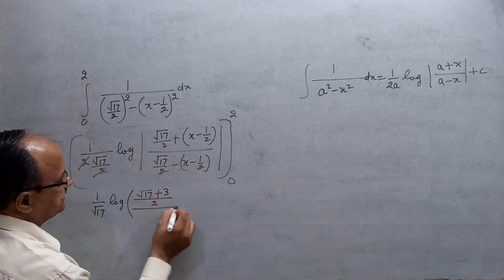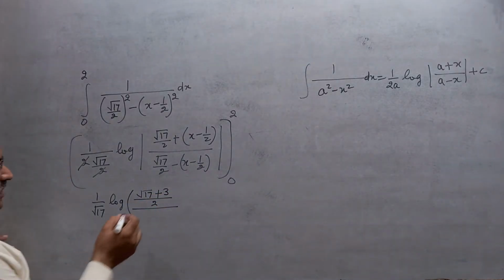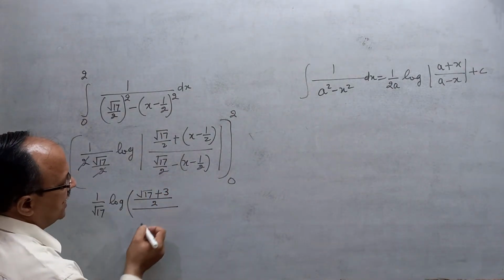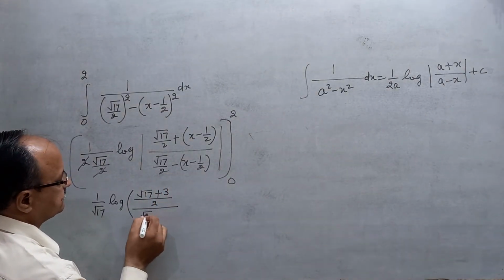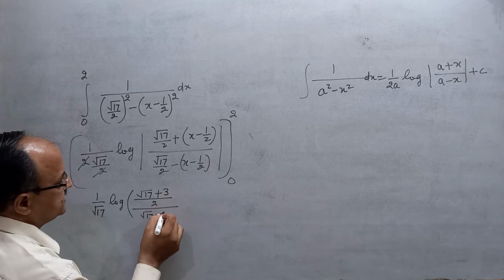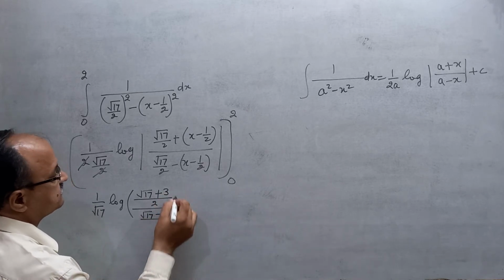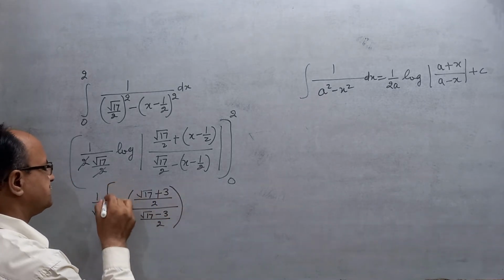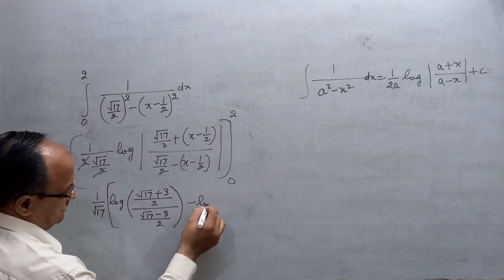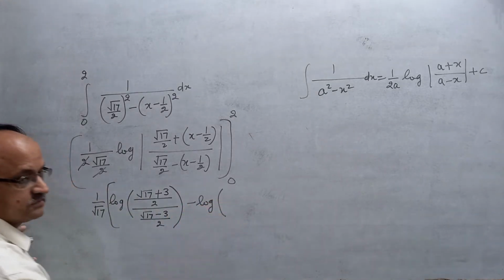Correct? This is upper limit minus lower limit.